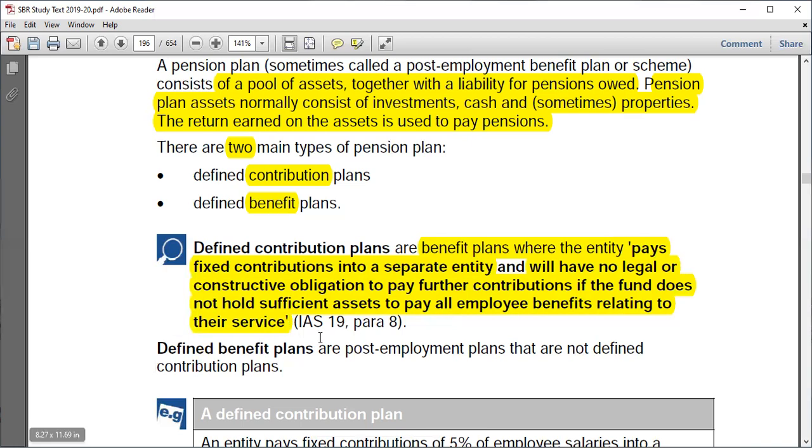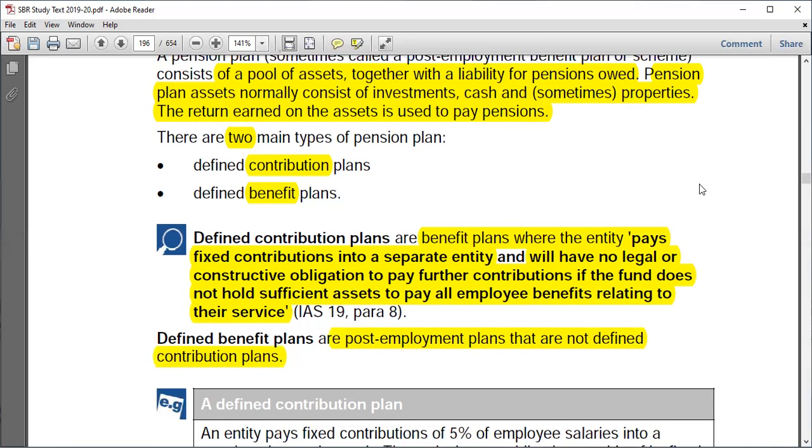While defined benefit plans are post-employment plans that are not defined contribution. Simply speaking, with a defined contribution plan, if you just pay once, you cannot have any other obligation. So in case you have any other obligation, that's what we call the defined benefit plan, right?